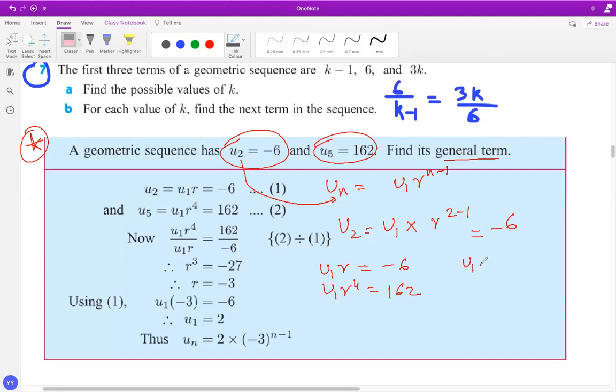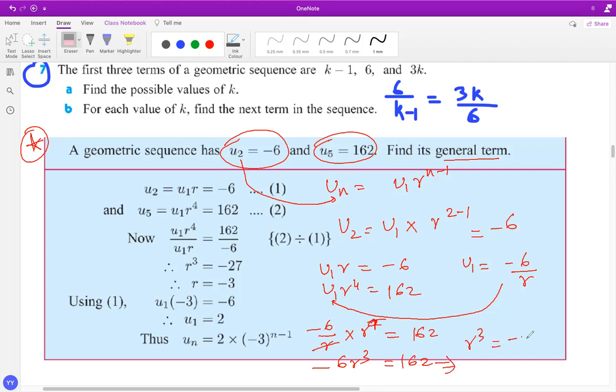So if I take u1 as the subject, it is negative 6 over r, and you replace this u1. So negative 6 over r times r to the power 4 is 162. One of the r gets cancelled, and so you get negative 6r cubed equals 162. That gives you r cubed is negative 27, and r is negative 3.